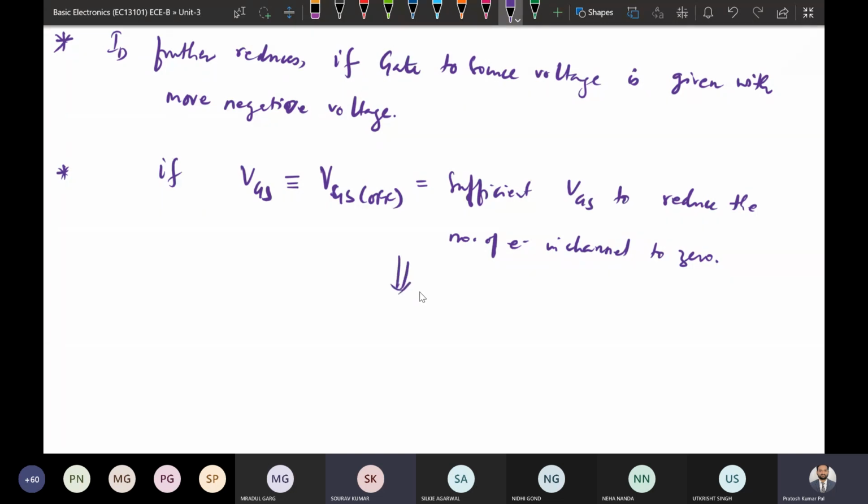At that point ID will be equal to 0 because there are no electrons available in the channel to constitute the current. This is the point called the cutoff point or pinch off point in the case of the depletion type MOSFET. Okay.